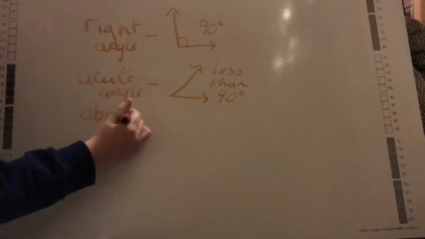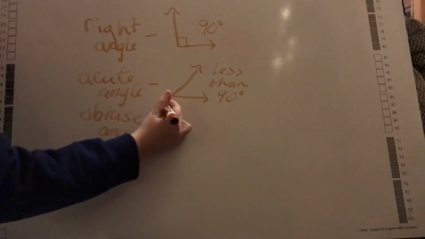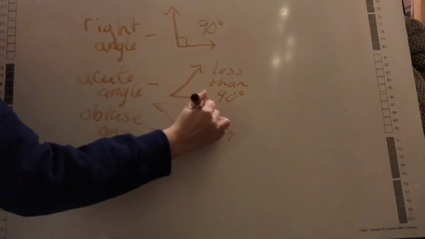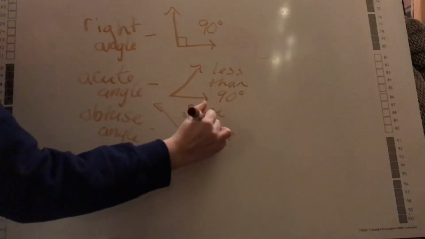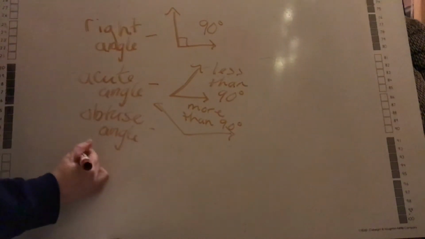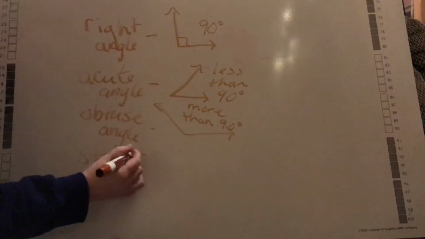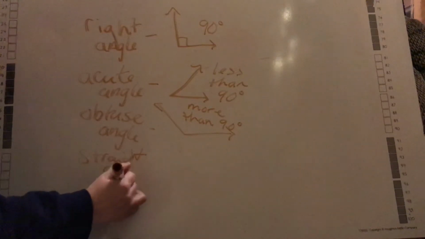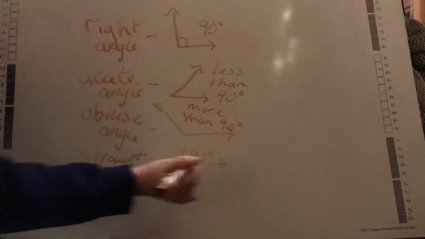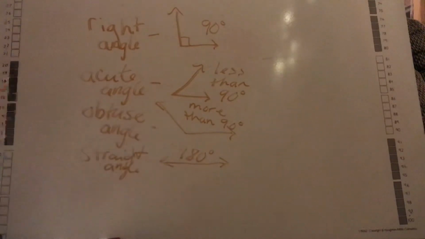We have an obtuse angle, which is more than 90 degrees, and we have a straight angle, and that is 180 degrees. Also a line. A line can be classified as a straight angle and is 180 degrees.